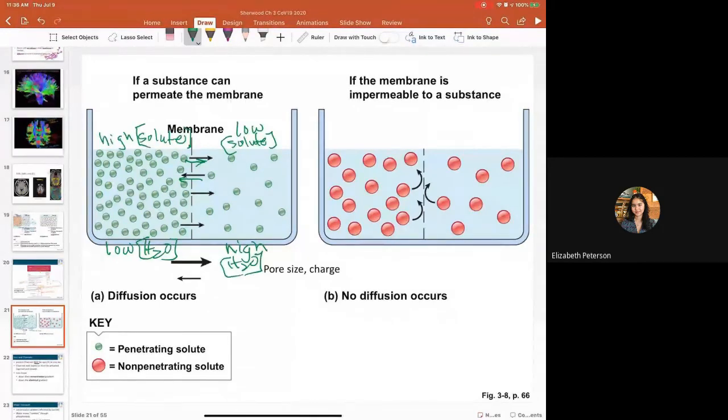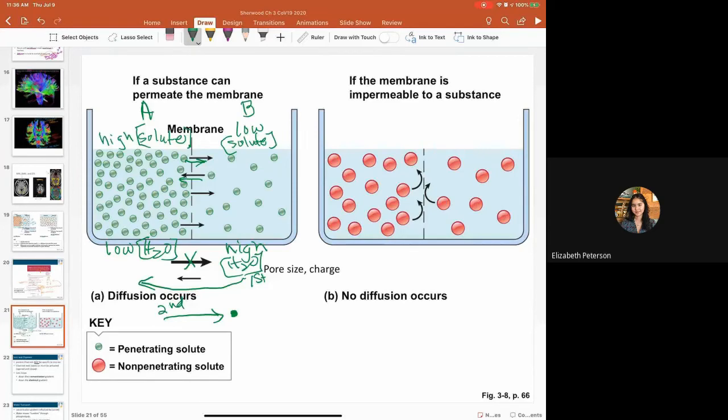So this arrow rung, first thing that happens is water moves from side B to side A. And then second, we have the solute, the particles going from A to B until we get to equilibrium, and then net diffusion stops.